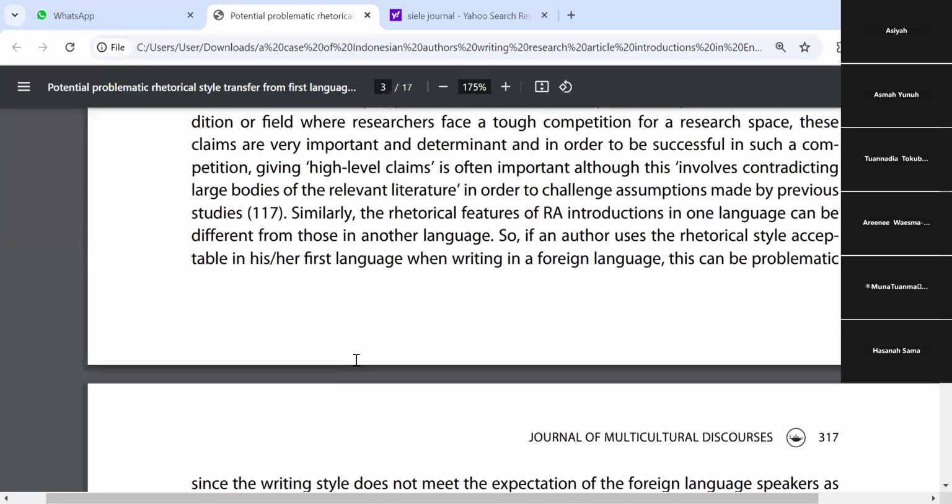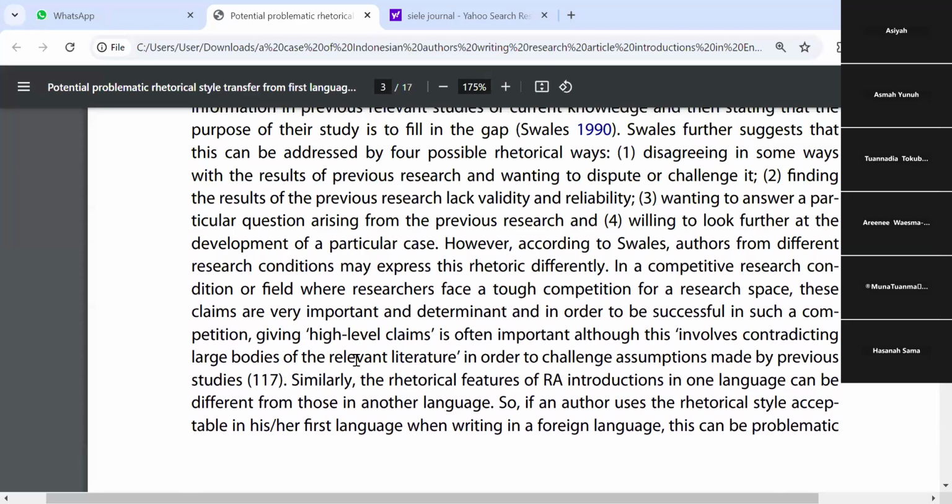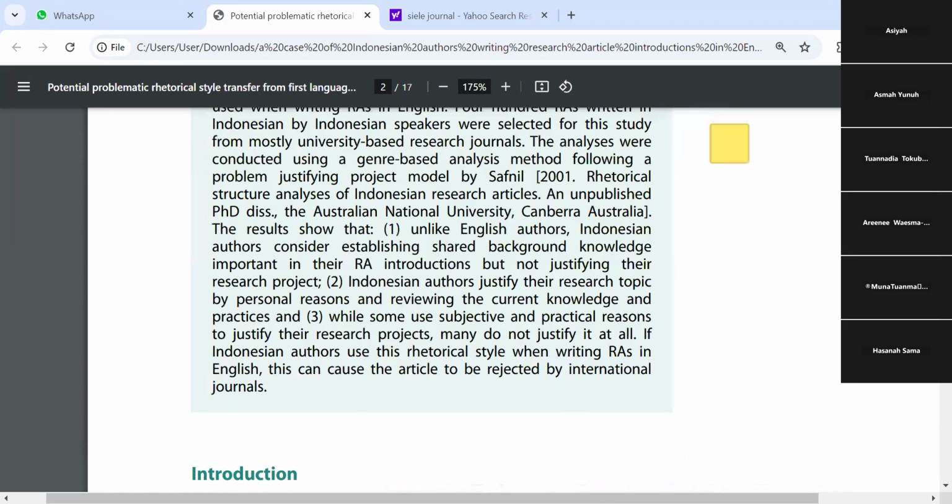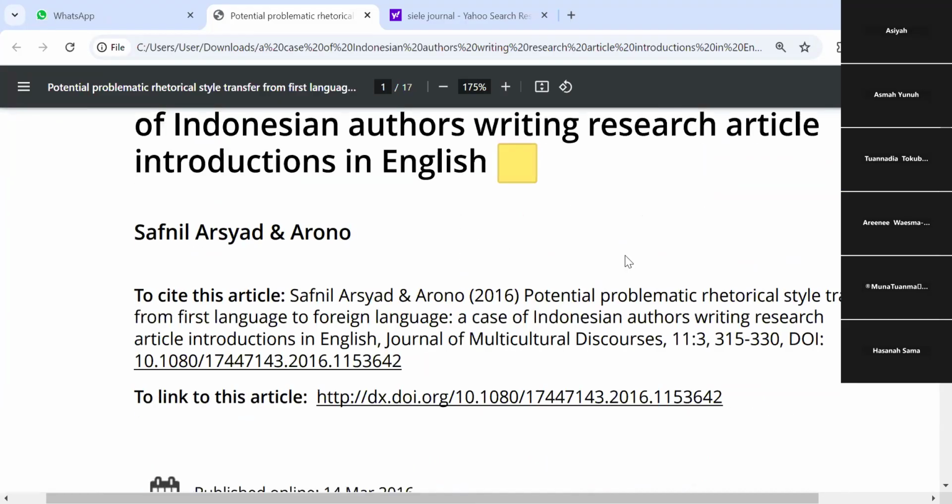Ideally, you should include studies from different countries, not just one country. But this article was published in 2016, a very long time ago, almost 10 years ago, 8 years ago.